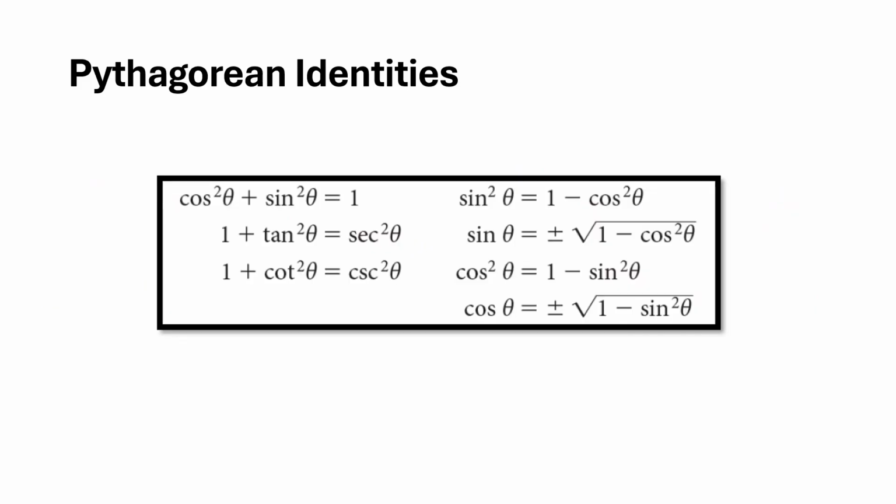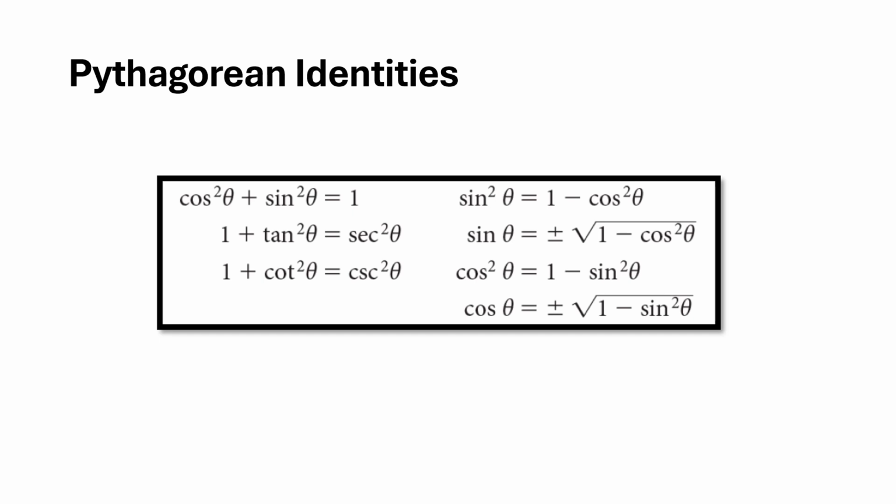So let's review some of our trigonometric identities. The first set is the Pythagorean identities. They are derived from cosine squared theta plus sine squared theta equals 1.